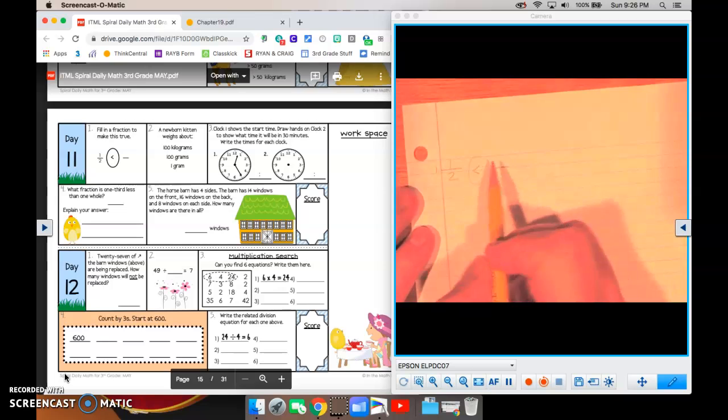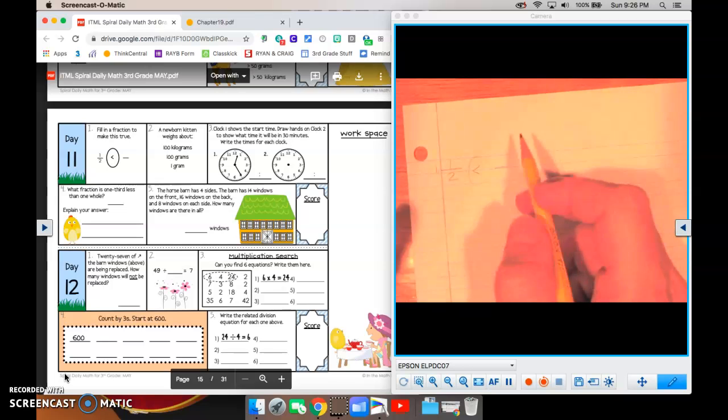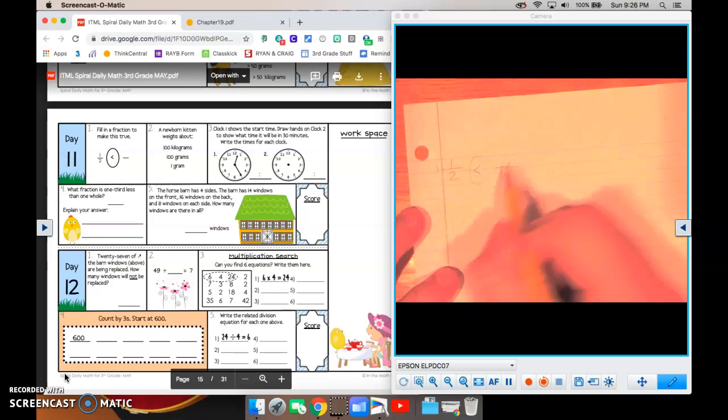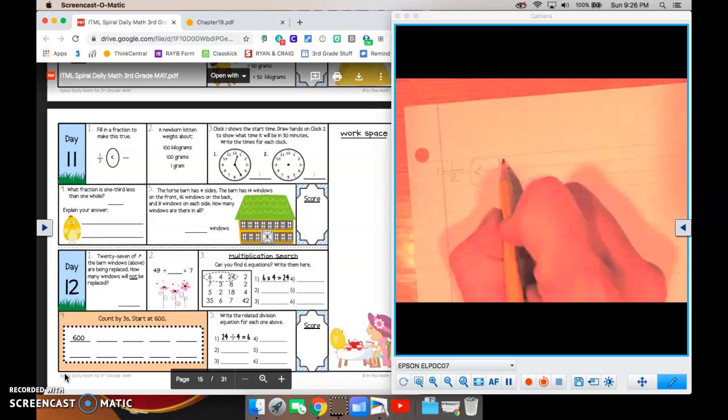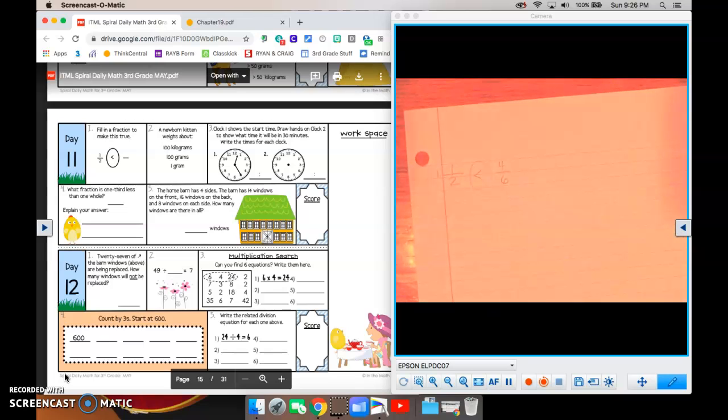So let's make 6 on the bottom for fun. So half of 6 would be 3. So it cannot be 3/6. 3/6 would be equal to a half, but we could do 4/6, 5/6, or 6/6. We can really do just about any of those, okay?